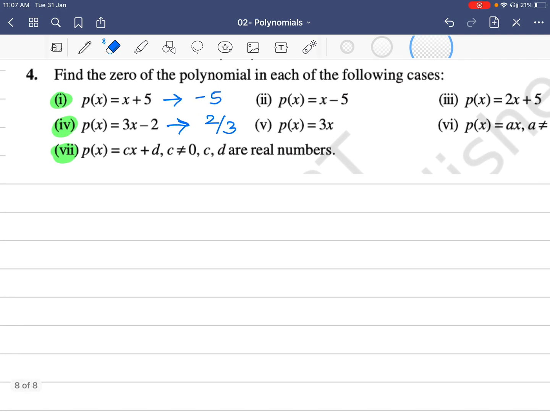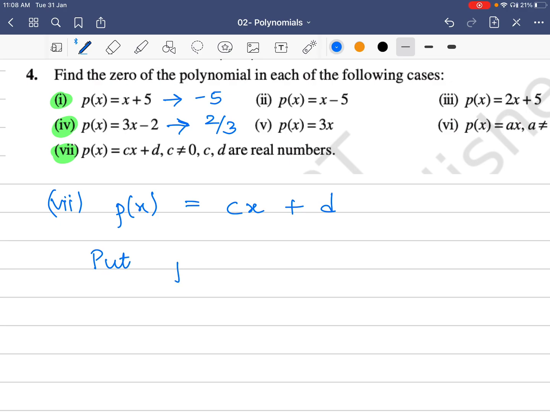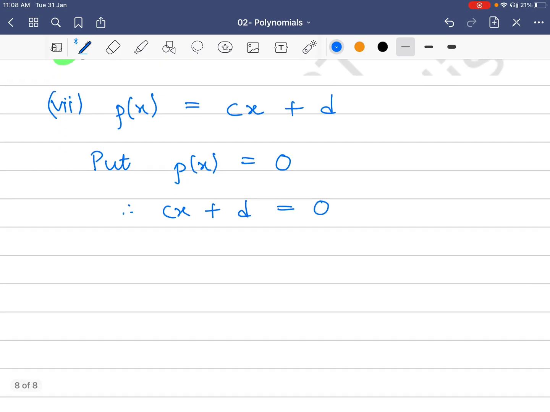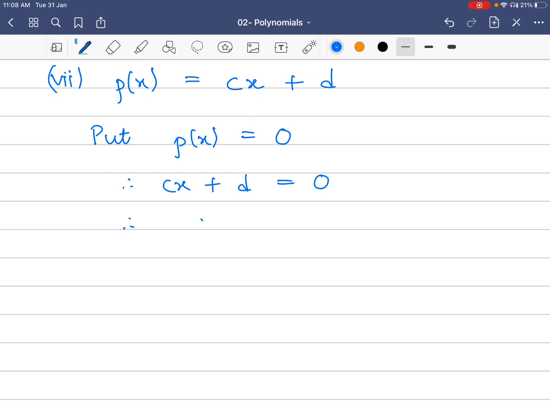So the last one is p of x equal to cx plus d. I'm going to write it down. This is the seventh one. p of x is equal to cx plus d. So once again put p of x equal to 0. Therefore cx plus d equal to 0. Now it will be cx equal to minus d.